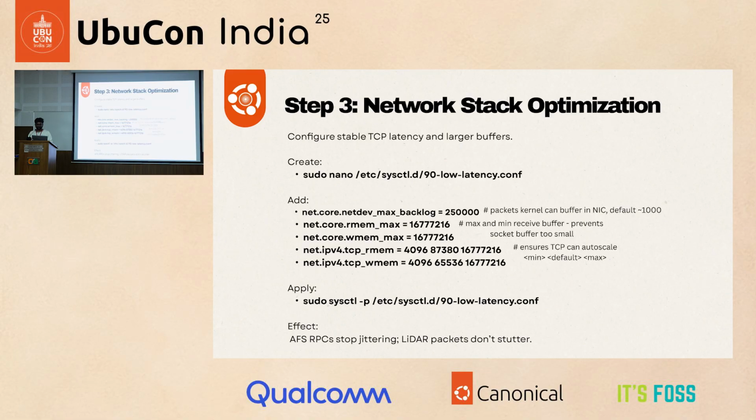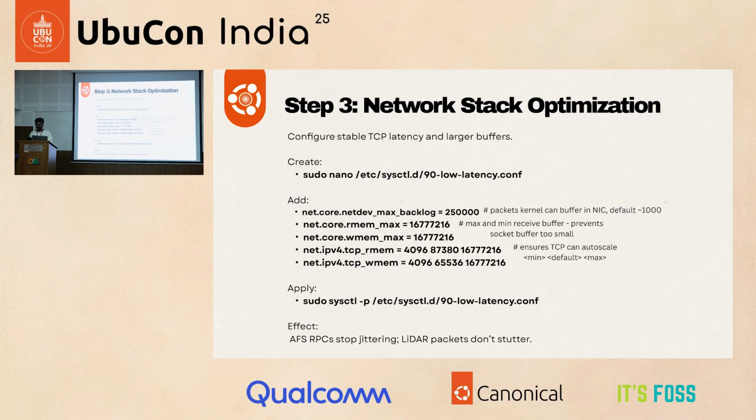For the networking stack optimization, we'll create a config file in which we'll increase the buffer size of the packets that are going to be held in a NIC. We'll increase the rmem size, the maximum and minimum buffer size, which prevents the socket buffer being too small.